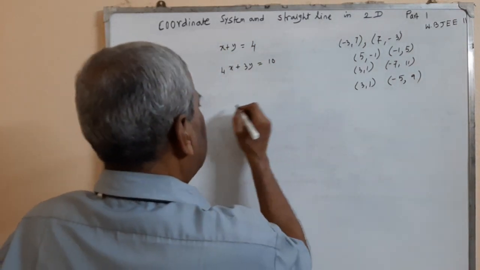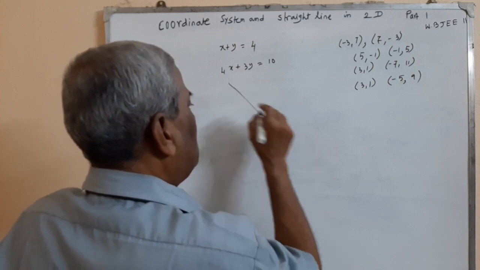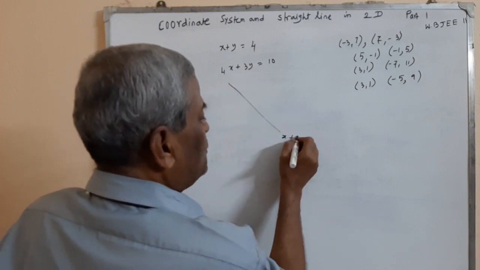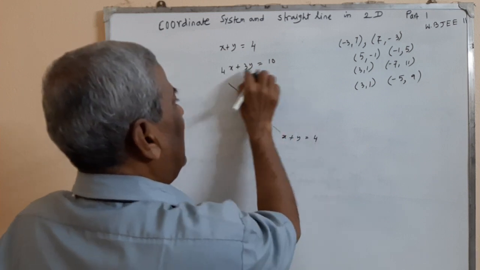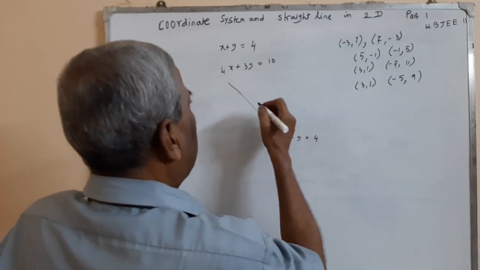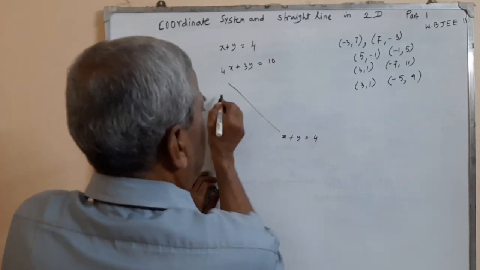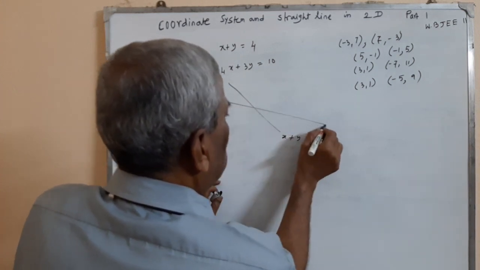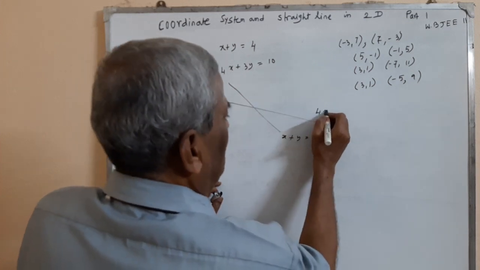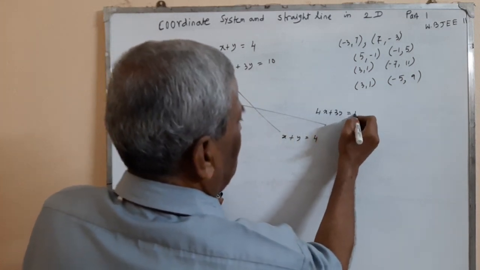Say x plus y equals 4 is that straight line, and this one is 4x plus 3y equals 10.